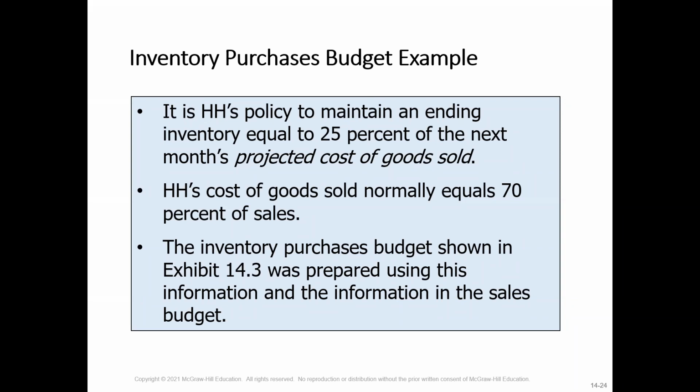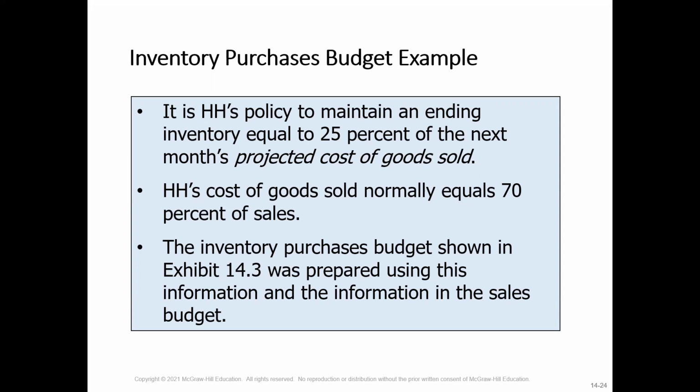So we want to have at least 25% of next month's sales. And cost of goods sold is normally 70% of sales. So we do have a relationship in terms of dollar amount. So since we know our sales figure from the sales budget, we can calculate our cost of goods sold by multiplying that sales figure times 70%.